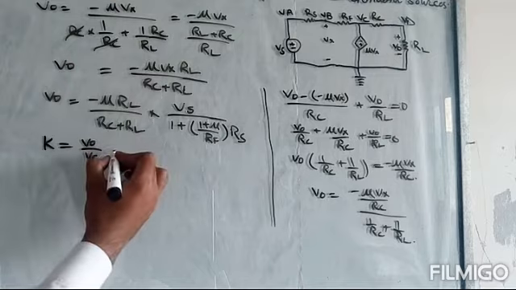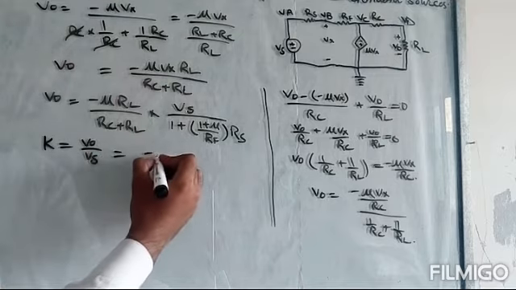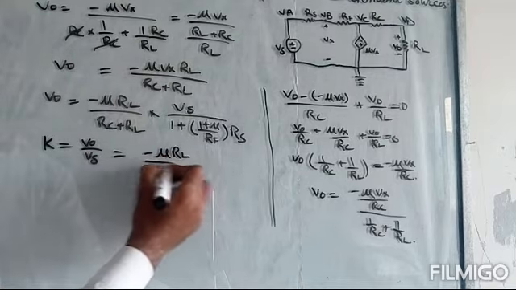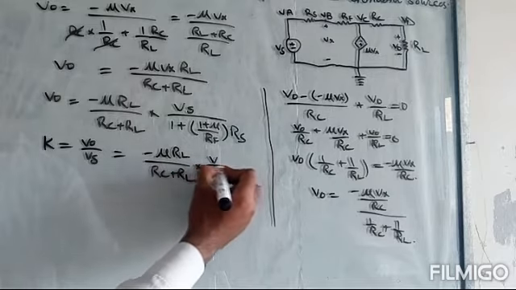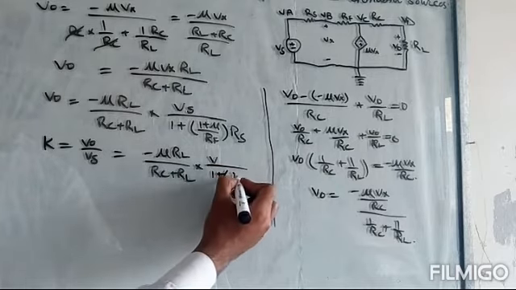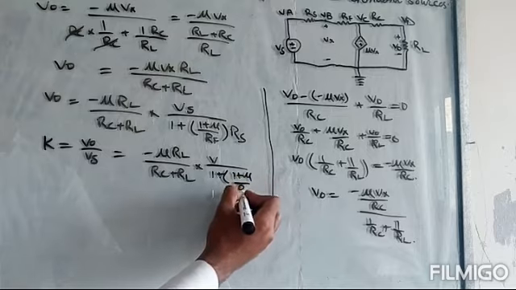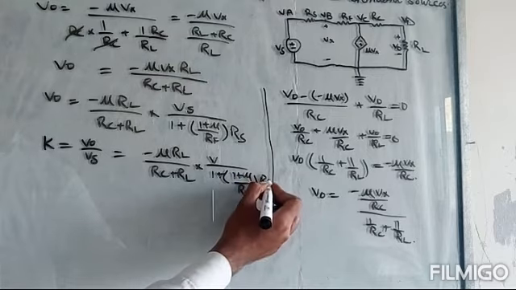So V0 over Vs, V0 is equal to this term, minus mu RL over RC plus RL multiplied by Vs over 1 plus mu over RF multiplied by Rs.